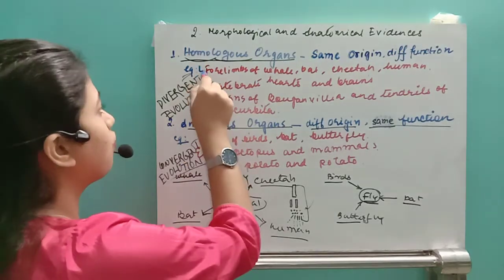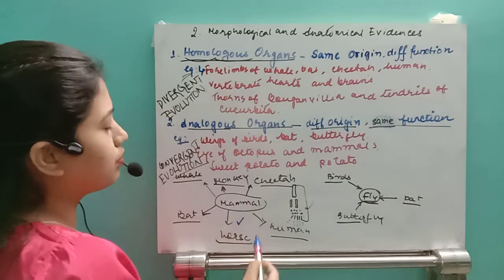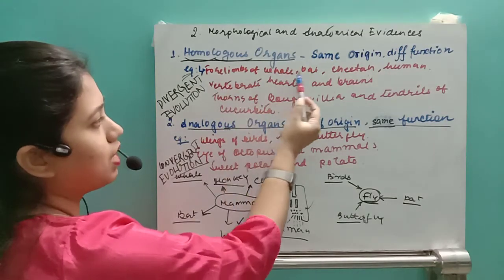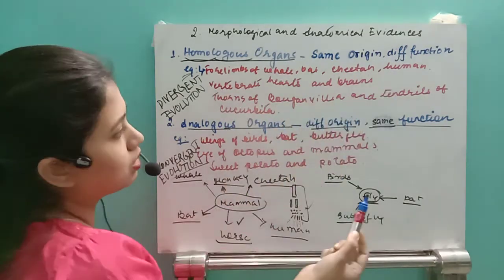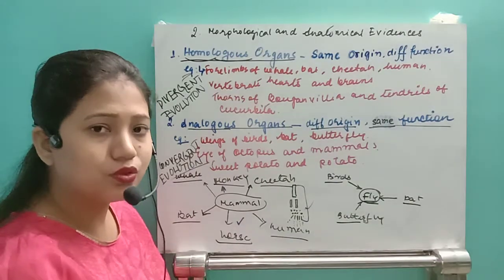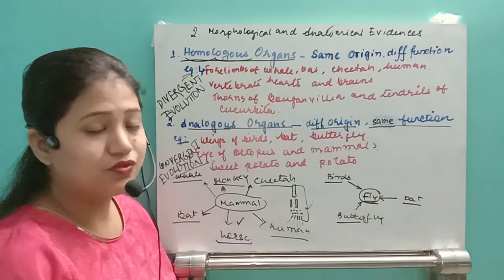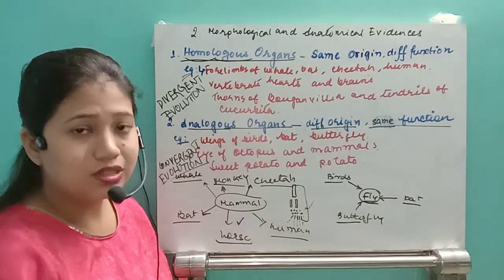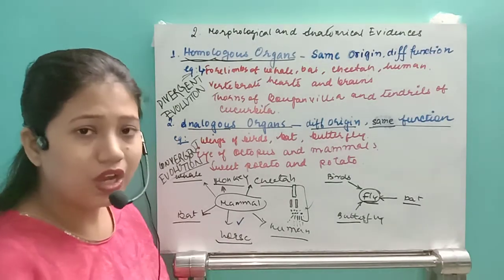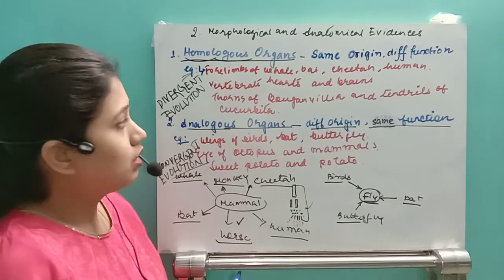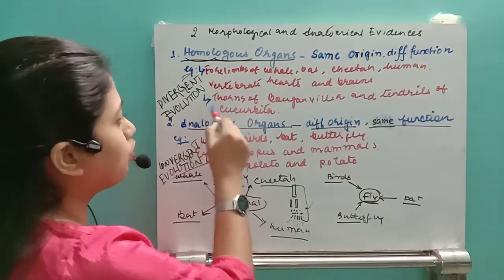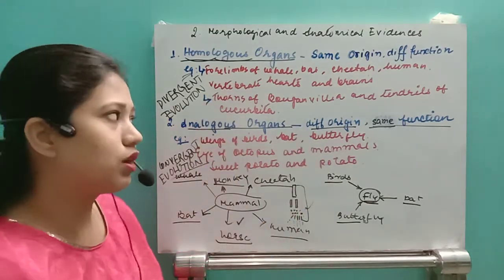First of all, for homologous organs, the first example we have seen already, forelimbs of whale, bat, cheetah and human. You can take the example of monkey too. Next one, vertebrate heart and brains. Yes, vertebrates have the brains and the heart modification, they are all the same. Next one, the thorns of bougainvillea and tendrils of cucurbita.